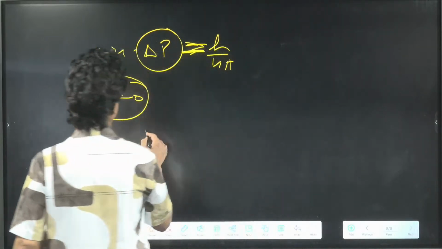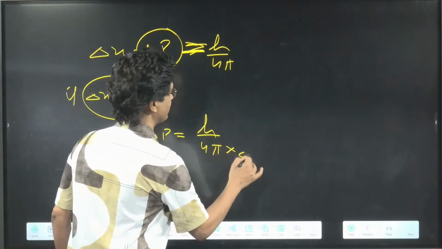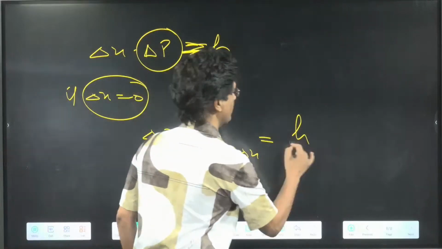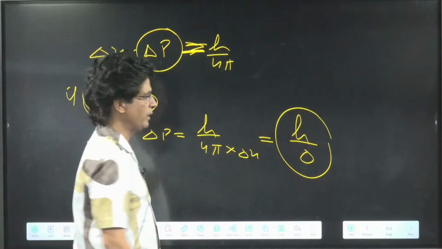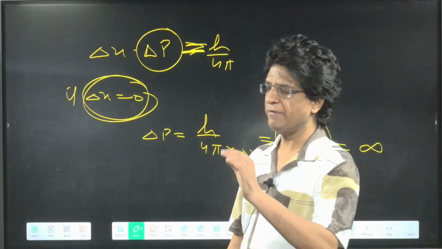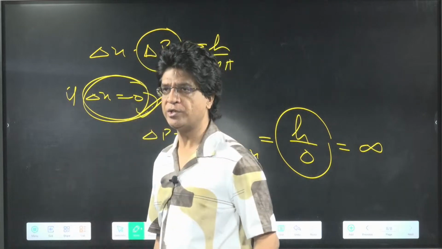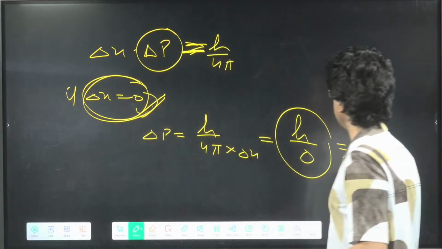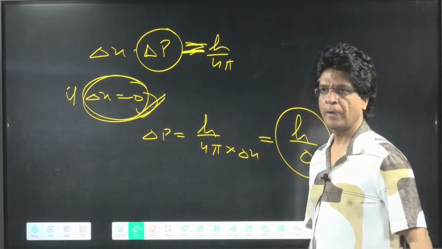So delta p will be equal to h upon 4 pi into delta x. This is equal to h upon 0. Anything divided by 0 gives me infinity. So if I have 100% accurate information of position, I will have 100% non-information or misinformation of momentum.